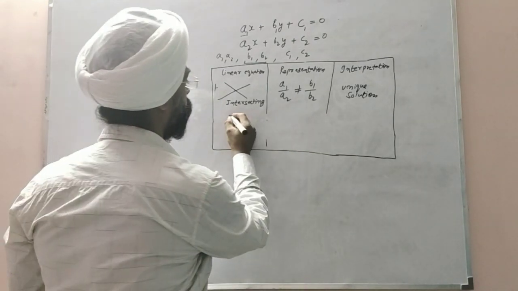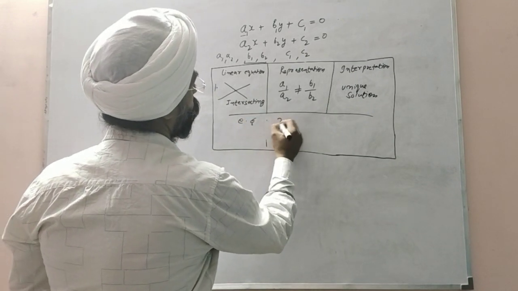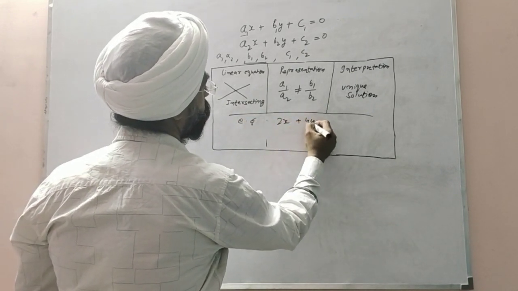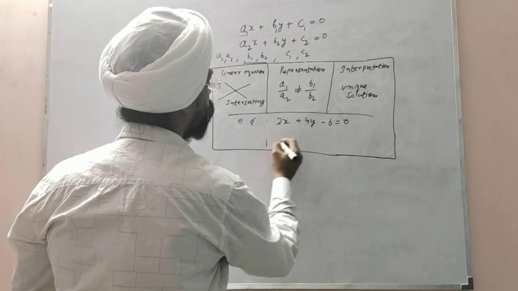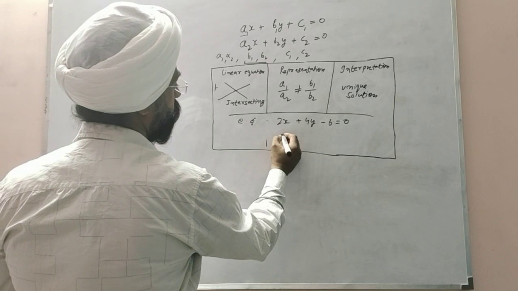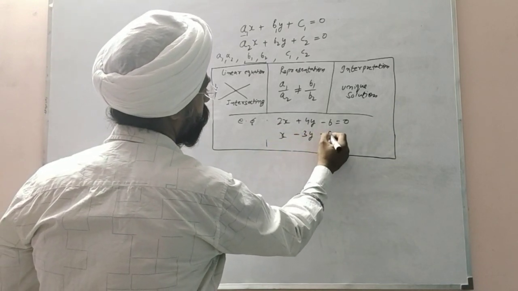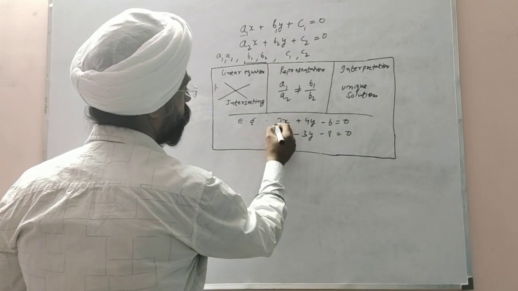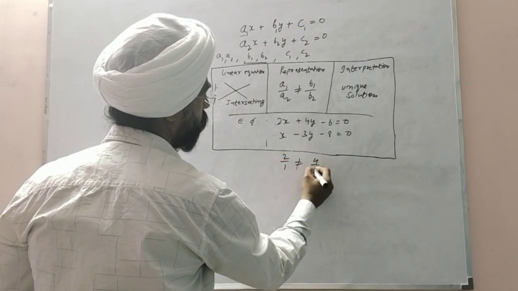The example I can take is 2x plus 4y minus 6 equal to 0, and x minus 3y plus 8 equal to 0. Now 2 upon 1 is not equal to 4 upon minus 3.